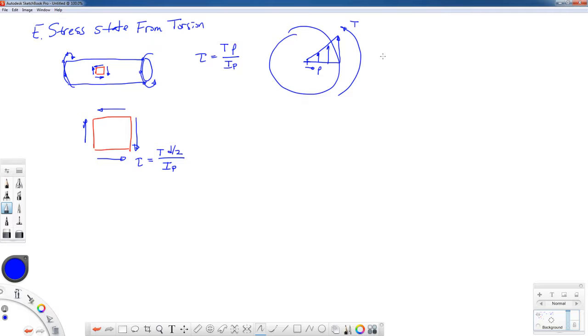And we got some formulas for that. The approach that we're going to take here is similar, but there's a subtle difference. Here we already know what the stress is. It's a shearing stress tau that I have from this formula. We're going to convert stresses into forces and then apply equilibrium of forces.